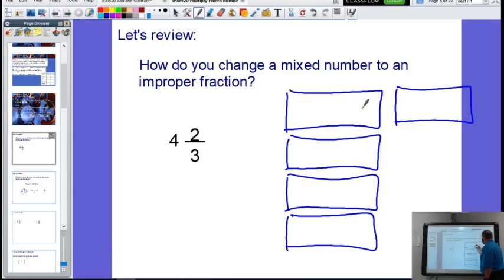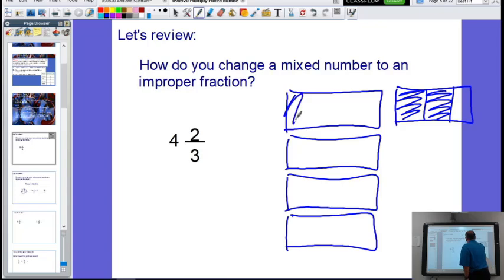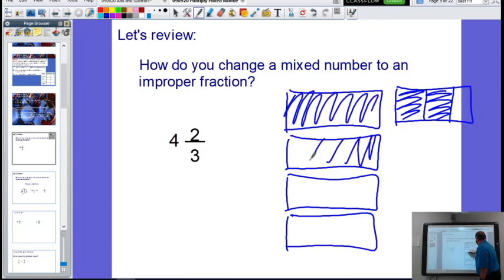Okay, so there's 1, 2, 3, 4, and I need 2/3 of this one. Okay, so there is 2/3, and you can barely see this one, but you can kind of tell what it's supposed to look like. And if I were to shade all that in, that would be 4 2/3. I'll go ahead and shade that in to make sure that you know what I'm talking about.